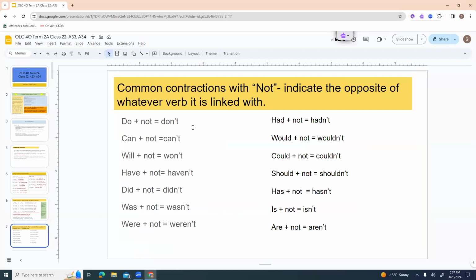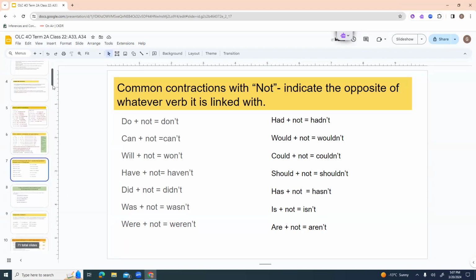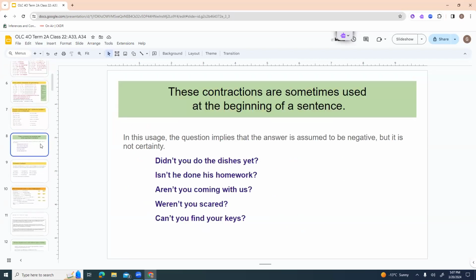So do plus not equals don't, can plus not equals can't, will plus not equals won't, have plus not equals haven't, did plus not equals didn't, was plus not is wasn't, were plus not is weren't, had plus not is hadn't, would plus not is wouldn't, could plus not is couldn't, should plus not is shouldn't, has plus not is hasn't, is plus not is isn't, and are plus not is aren't. Sorry, a lot of lists today. I know it's not the most exciting thing to listen to.